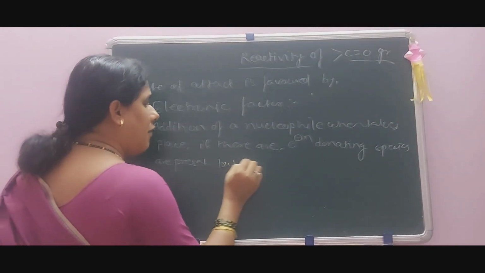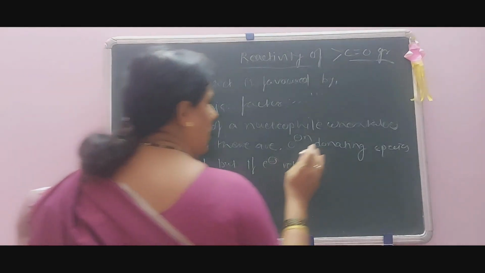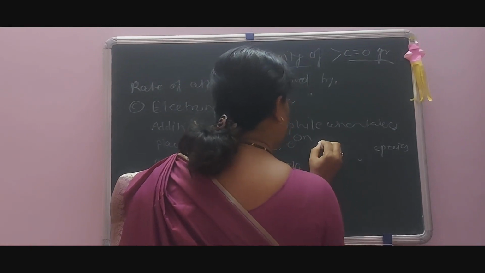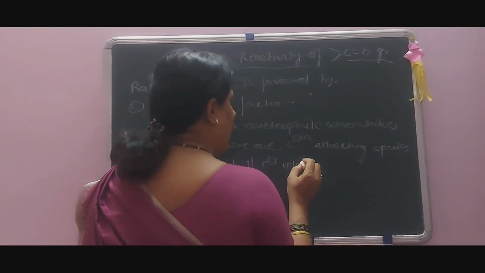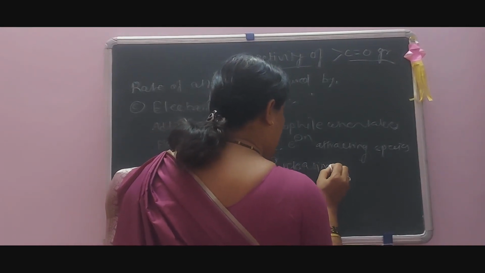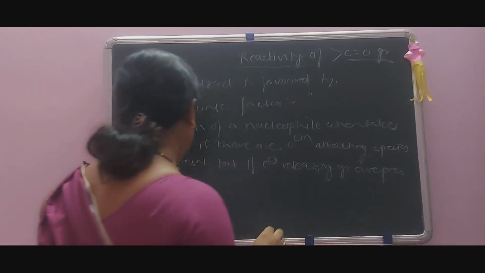But if electron attracting species are not present and electron releasing groups are present here, what happens?